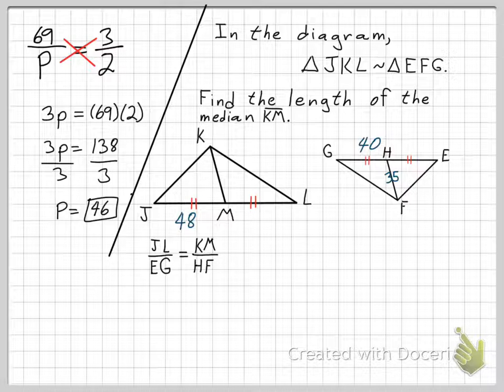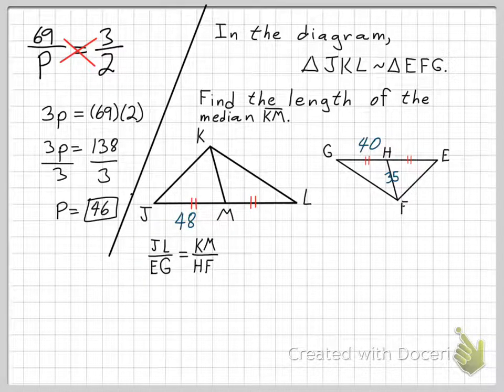The corresponding side lengths are going to be in the same ratio, so we have JL divided by EG is going to equal KM divided by HF. Okay, so JL is this length, and that's proportional, or corresponding rather, to EG. And then the medians, KM and HF, are corresponding as well.